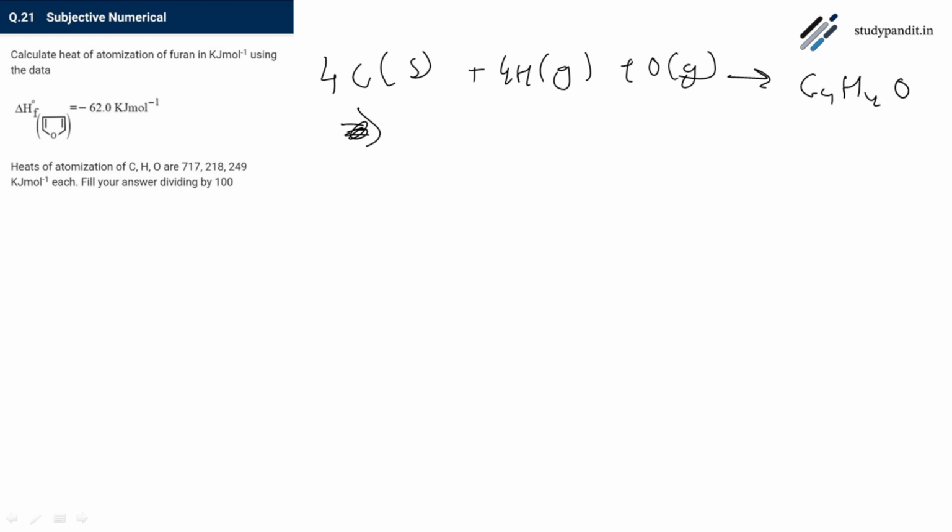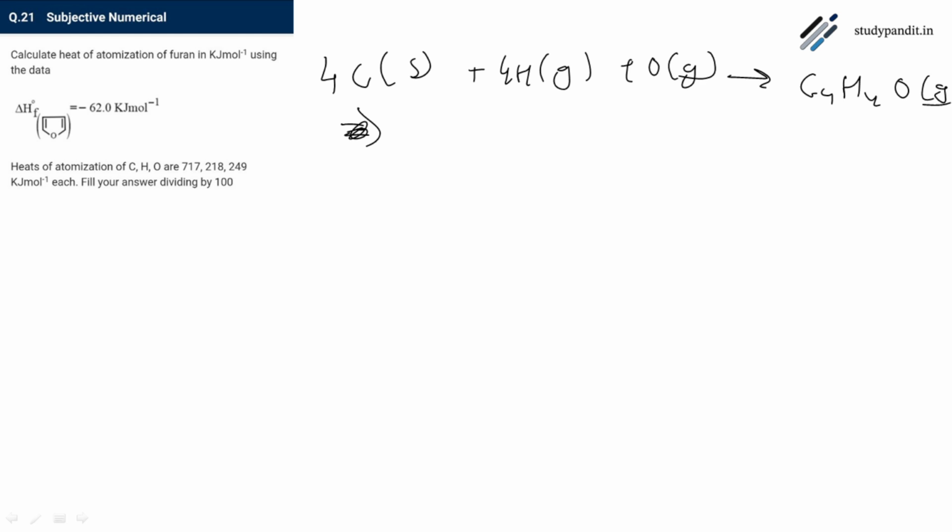So, first we'll write the equation: 4C solid plus 4H gas plus O gas gives C4H4O in gaseous state.